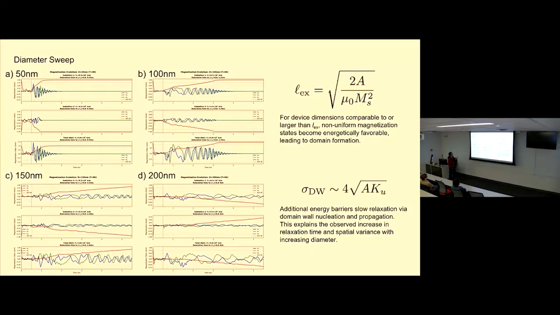You can see that this relaxes at about 550 picoseconds, whereas at 200 nanometers, it doesn't even relax within 5 nanoseconds. This makes sense because as you increase the size past the exchange length, you start getting multiple domains, which from class makes sense. This introduces an additional energy barrier, which slows down the relaxation.